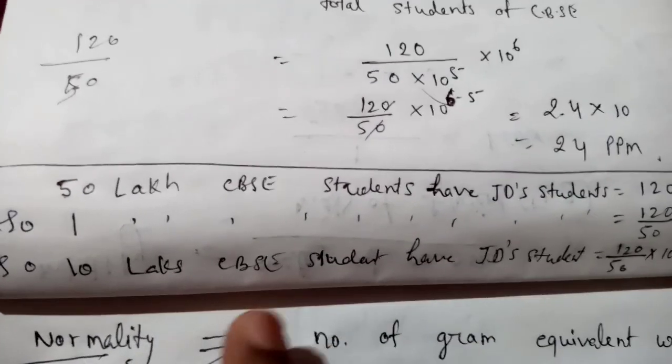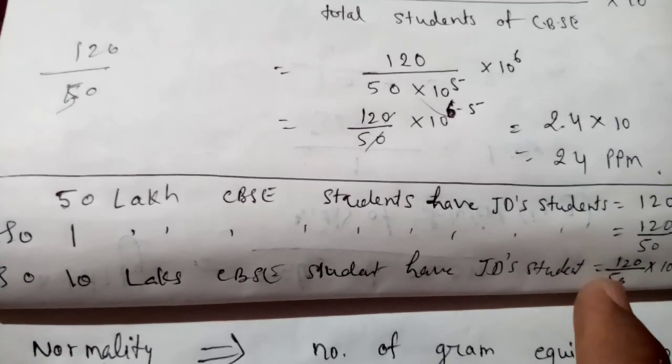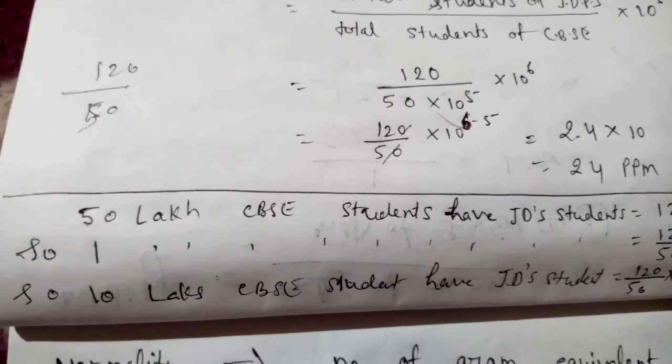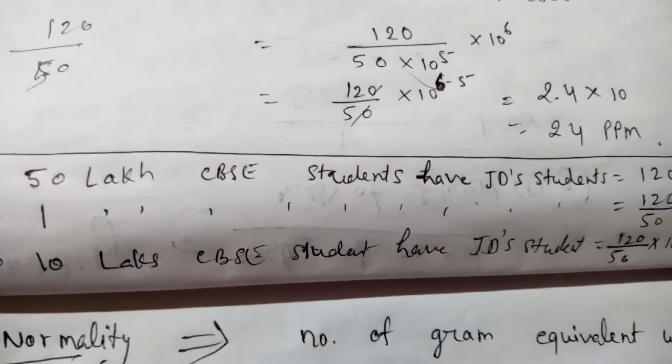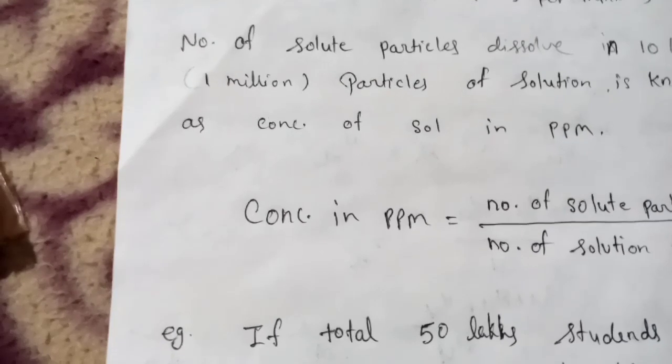So 10 lakh CBSE students have JDPS students equal to 120 by 50 into 10 to the power 6. This value comes to 24 ppm. So dear students, the ppm concentration of a solution depends on the number of particles of solution and solute.